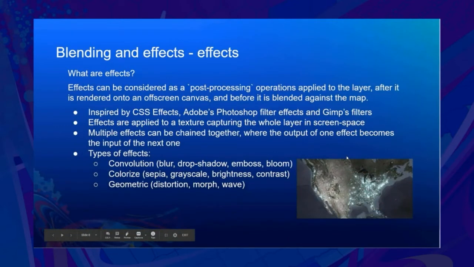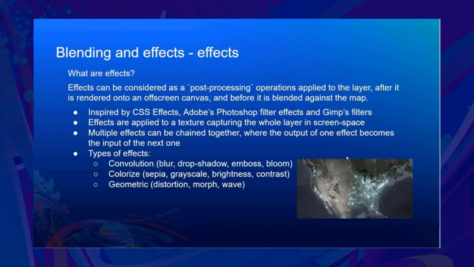Effects, very much like the blend modes, are sort of a post-processing effect. The idea is that after we render the layer onto the render target, and before we apply the blend, we have room to apply additional effects. It is inspired by the CSS effects.